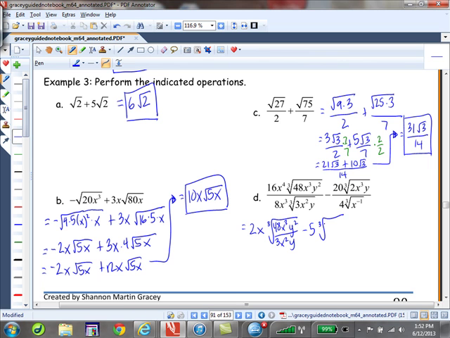Make one happy cube root. And we'll have 2x times the cube root of 3 goes into 48 16 times. x to the 3 minus 2 is x to the 1. y to the 2 minus 1 is y to the 1. Minus 5 times the cube root of 2, x to the 3 minus a negative 1 is x to the 4th times y.